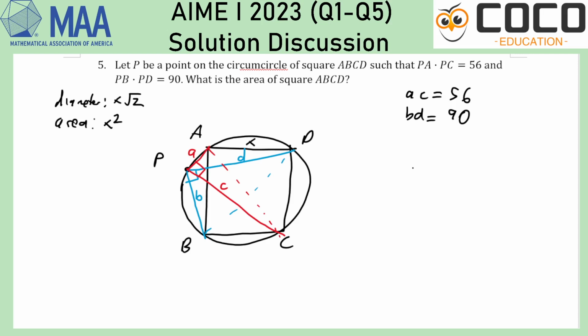We have now also got A squared plus C squared and B squared plus D squared are the same. And the same thing that they're equal to is the diameter squared, which is 2x squared. Okay, so this is the information that we have.